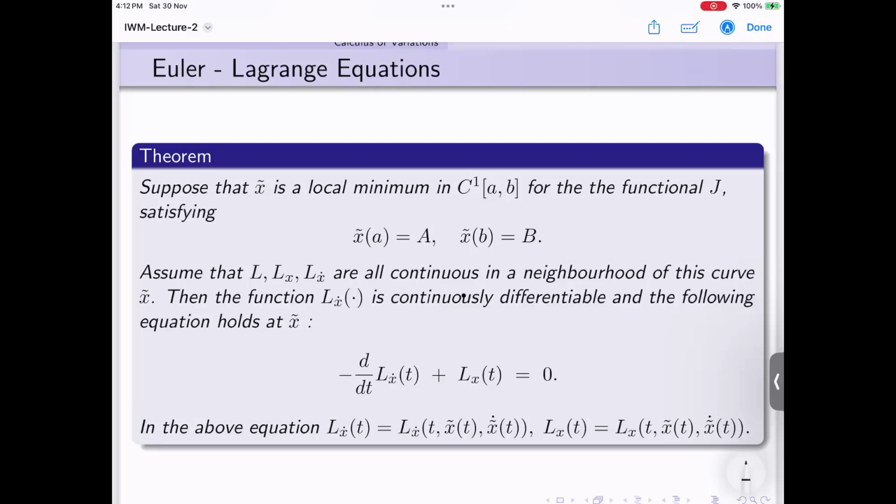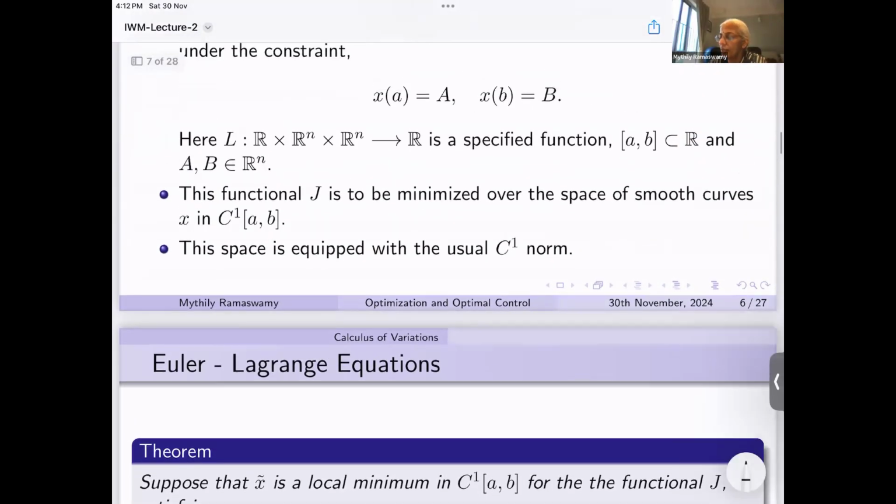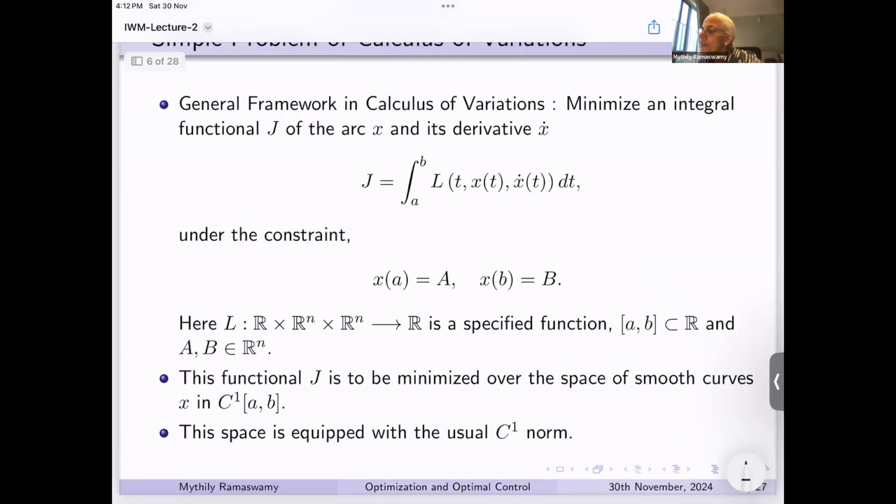Could you help me to understand why x0 equal to capital A is in Rn and not a real number? Here, I think we are taking x as elements of C1 of AB. Okay, so there is a confusion here. I have to explain. My arc X is going from AB to Rn.